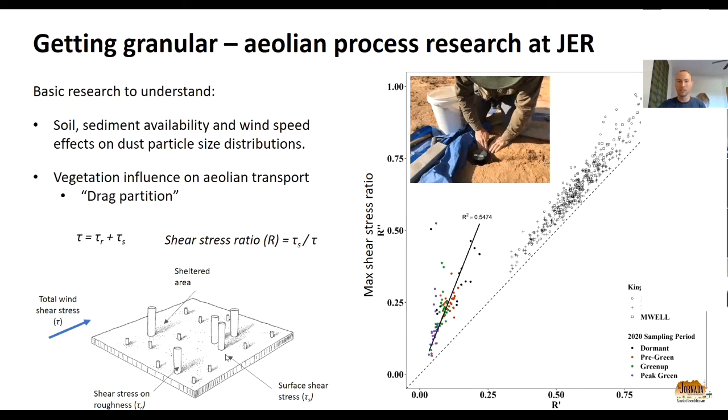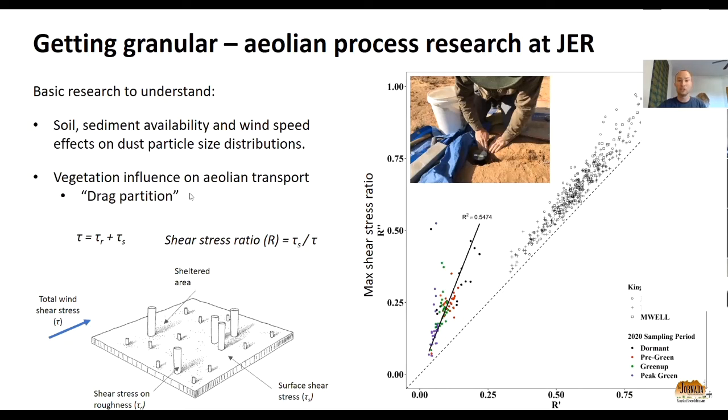So it's the shear stress of the wind on the bare soil that picks up sediment and moves it. So by looking at the ratio of shear stress on the soil surface to the total shear stress, it tells us something about the effectiveness of vegetation at a site in reducing the wind erosivity, essentially.